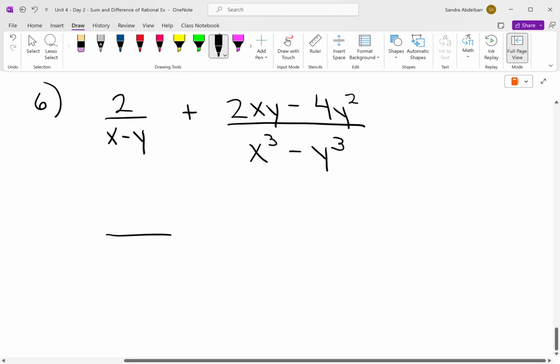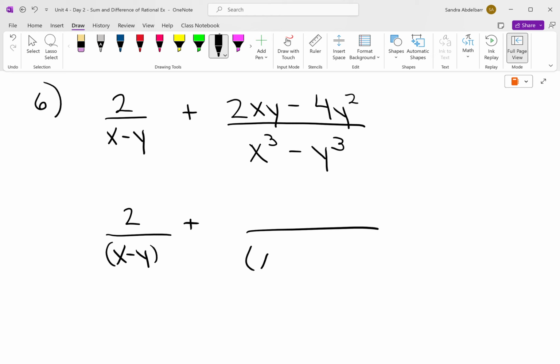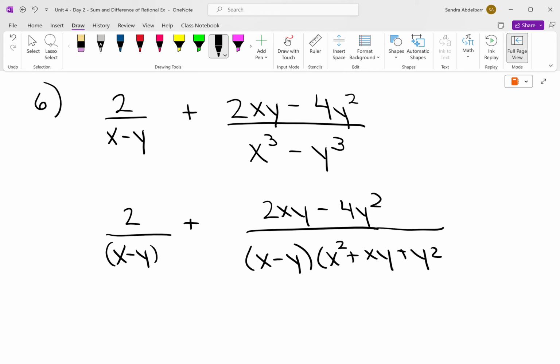Difference of cubes. Good job. So this is going to be x minus y, and then x squared plus xy plus y squared. Some of you were messing up difference of cubes on your test. You need to know it. It's not going anywhere.